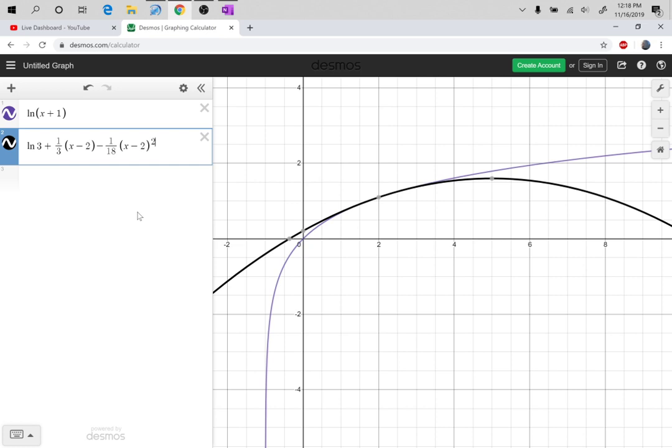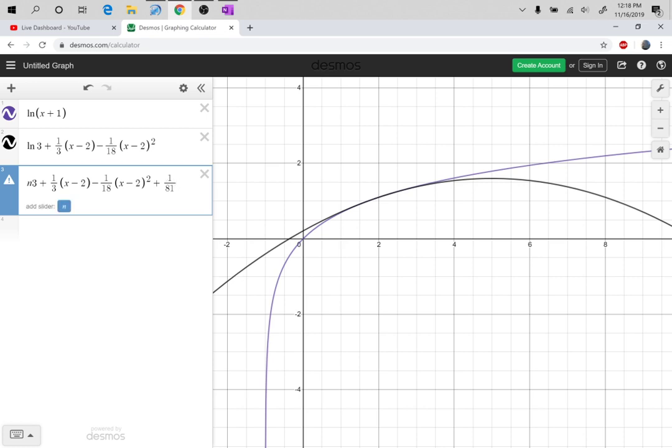Look at the black line now bending, and it's still centered at 2. Now, when I add the next term, the black line is going to bend more. You know what? Let's go in the next row. I'm going to keep this calculation here, the black line, and in the next row, we're going to do this. And what's the next term, plus? 1 over 81 times x minus 2 cubed.